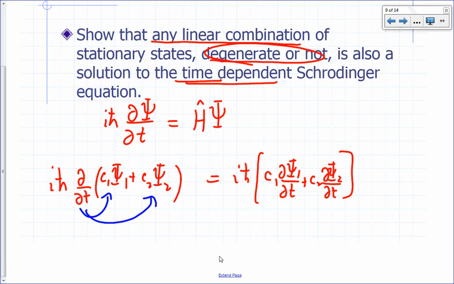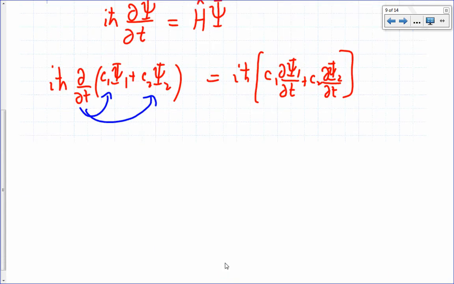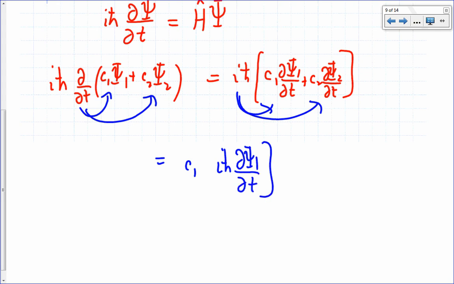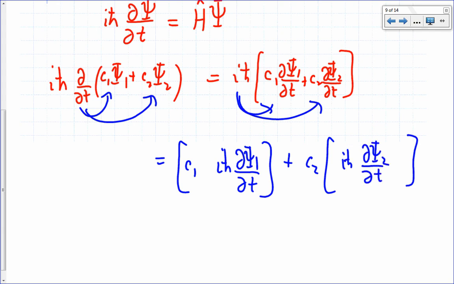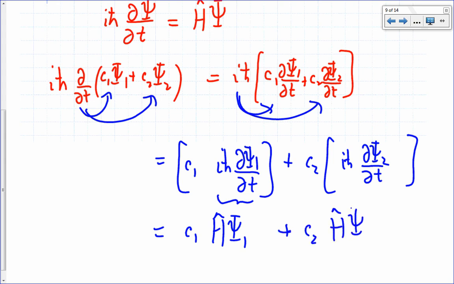I'm going to go ahead and multiply the constant in. So this is going to be C1 i h bar derivative of psi 1 with respect to time plus C2 i h bar derivative of psi 2 with respect to time, right? But what is this? This is just C1 H hat psi 1 plus C2 H hat psi 2.